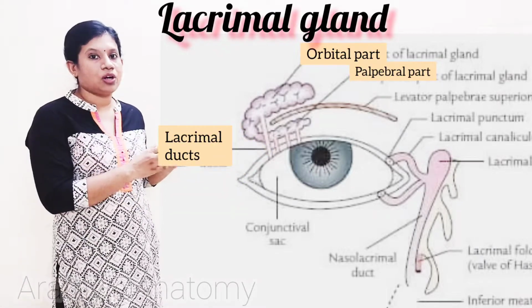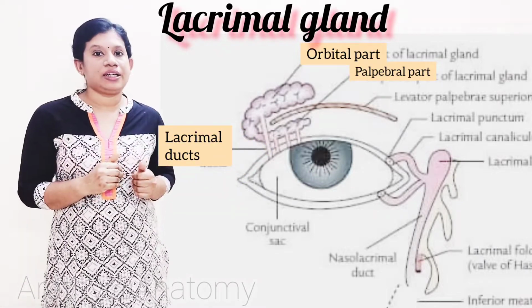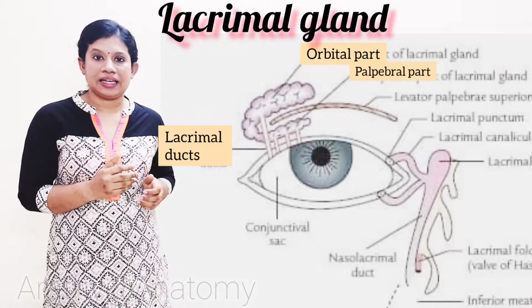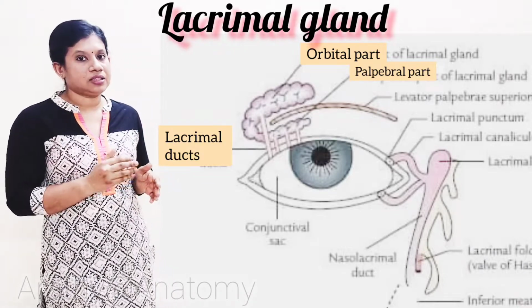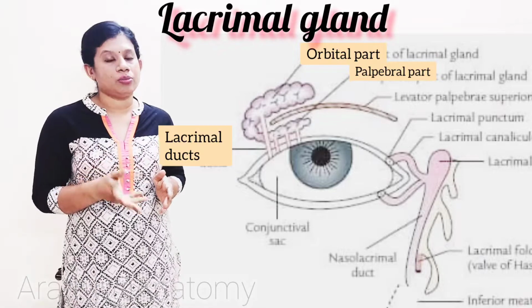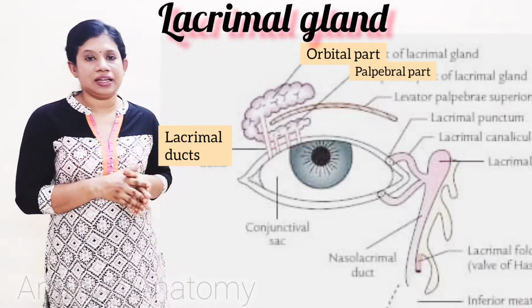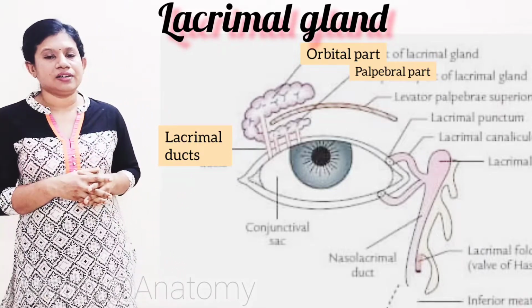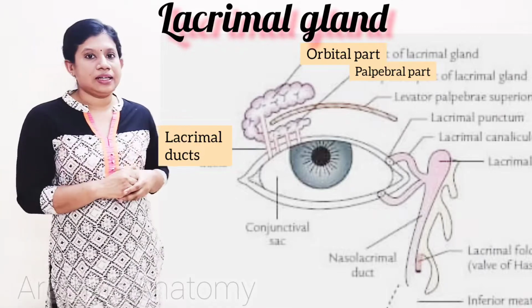What this conjunctival fornix is, we'll see in the conjunctival sac. The removal of the orbital part is functionally equivalent to the removal of the entire gland, but still the eyeball will be lubricated with the help of accessory tear glands. So that is about the lacrimal gland.